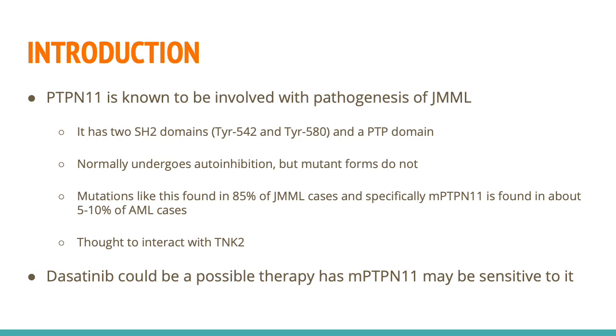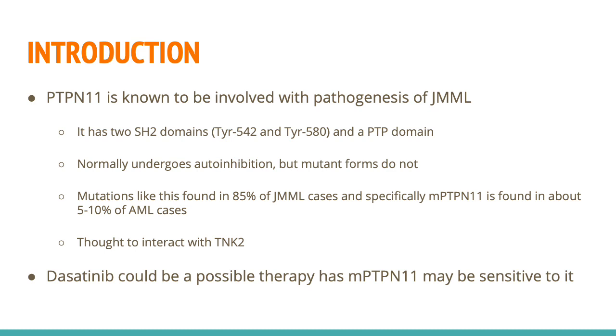So PTPN11 mutations are also present in about 5 to 10% of AML cases. This study sought to also understand the signaling upstream of PTPN11 in JMML and AML cells.